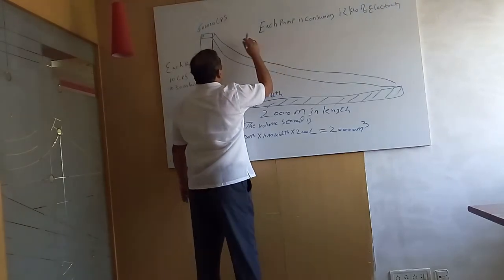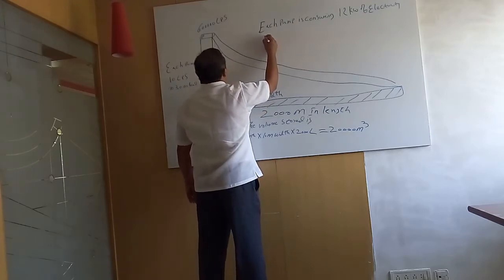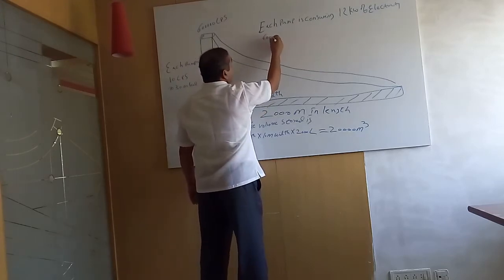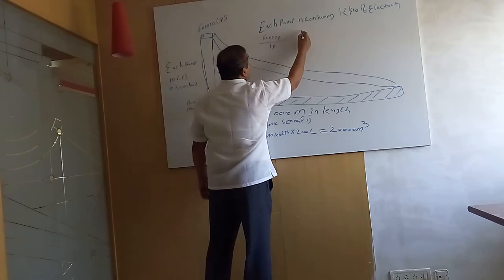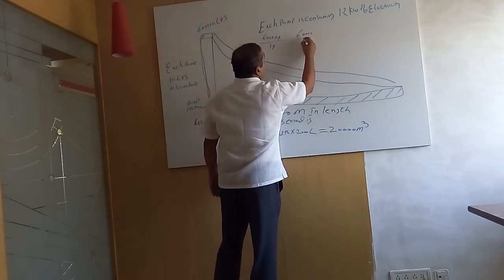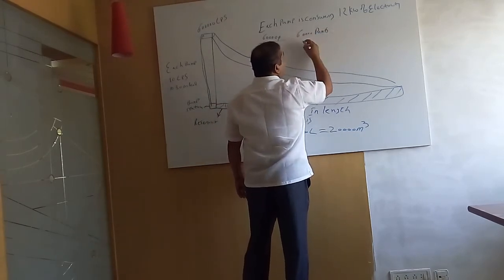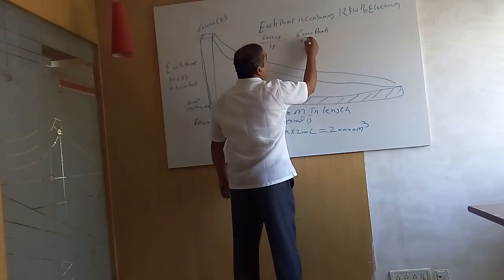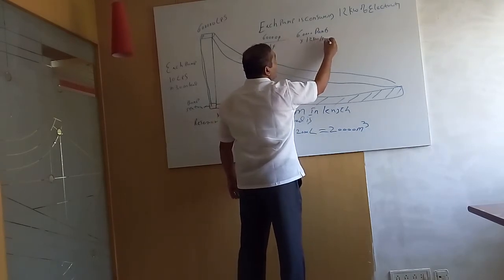So to pump 6 lakh liters per second, 6 lakh divided by 10 is 60,000. 60,000 pumps are required, into 1.2 kW per pump.